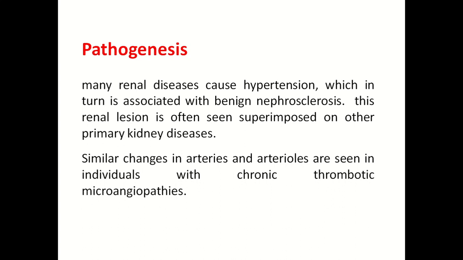These renal lesions are often seen superimposed on other primary kidney disease. Meaning in primary hypertension, patients have changes of benign nephrosclerosis. Otherwise, patients already have some kidney disease, and superimposed on this kidney disease there are more chances of benign nephrosclerosis.